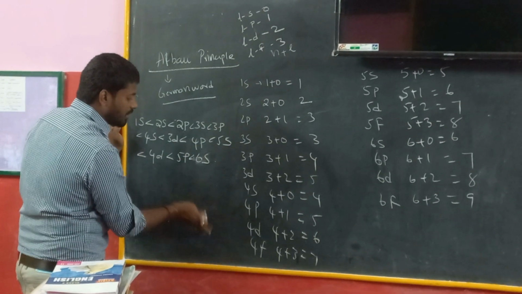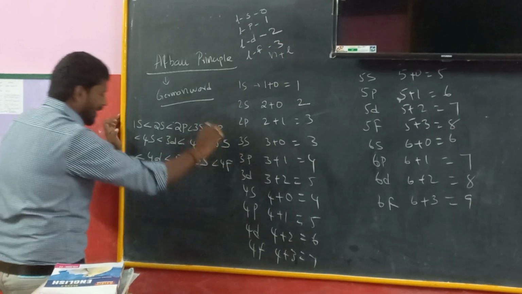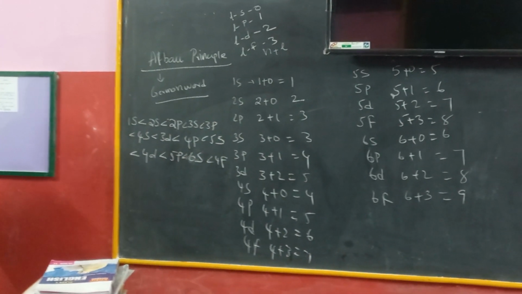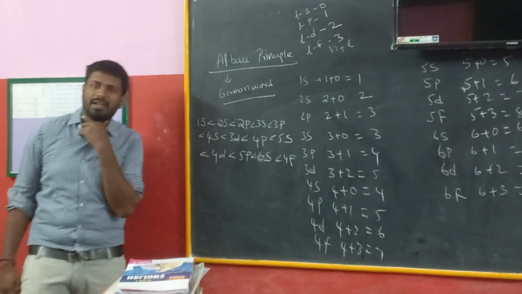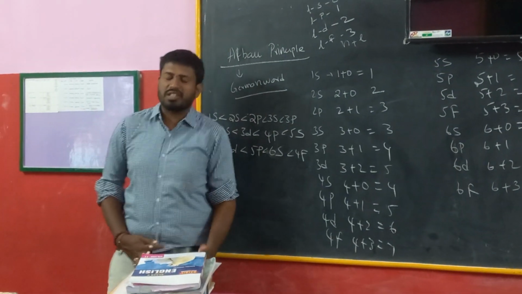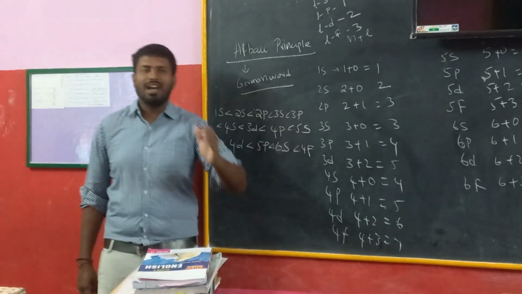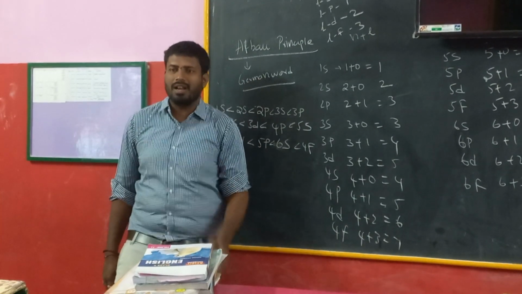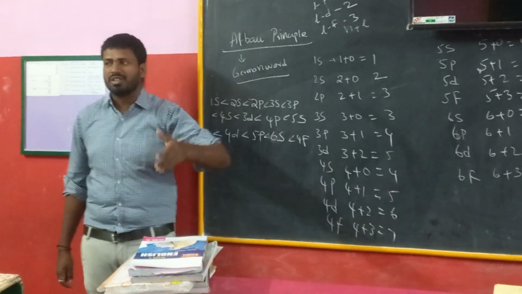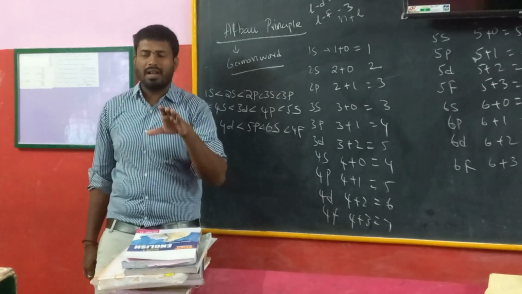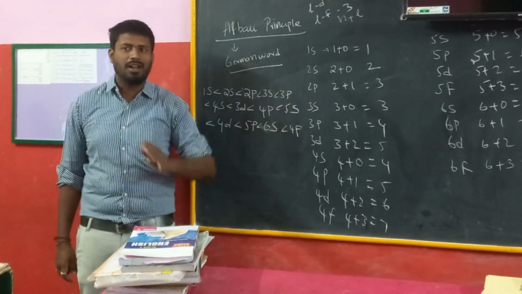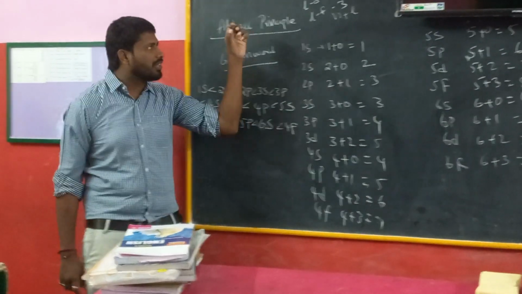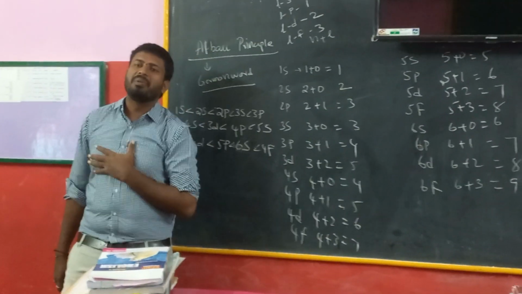After 6s, it goes into 4f. And the series continues. So what the Aufbau principle says is, Aufbau is nothing but building up. The electron first fills the lower energy orbital, then the next lower energy orbital, and it continues. The electron always goes into the lower energy orbital, building up the energy. This principle is called the Aufbau principle.